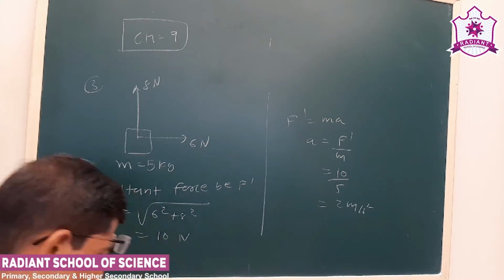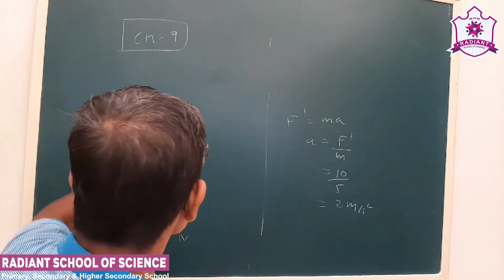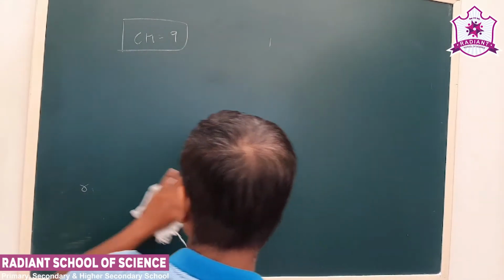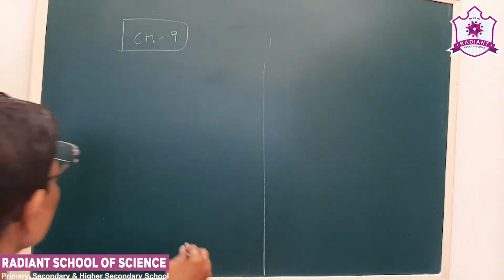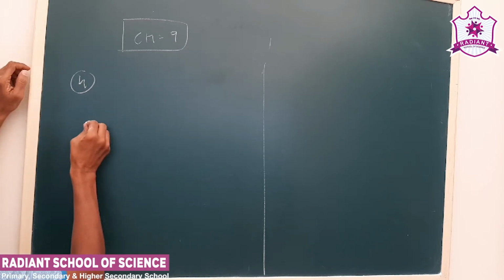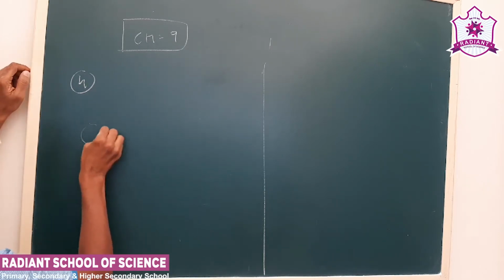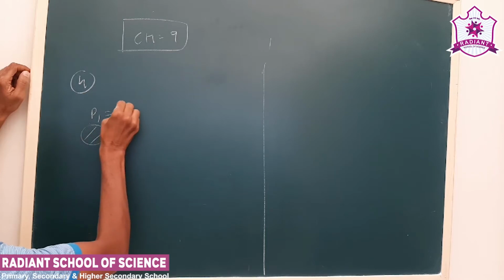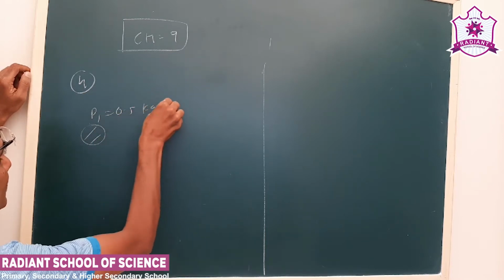Now see the next question. A ball moves with a momentum of 0.5 kg meter per second.